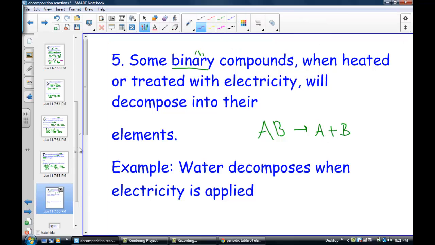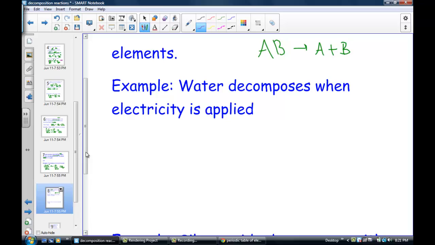So if we consider an example, water. Water is a binary compound. It's built of two elements, H's and O's. And we know just based on charge, this molecular compound we call water is H2O. But when we separate it or zap it with electricity, that's my lightning bolt if you will, molecular hydrogen and molecular oxygen are released.